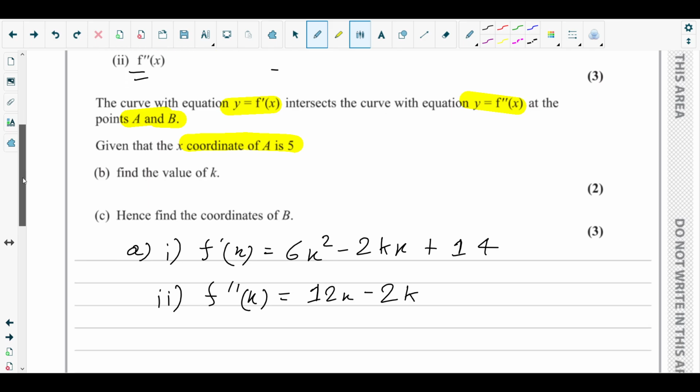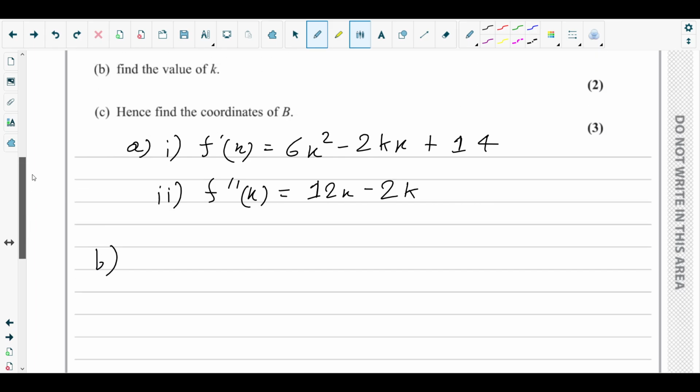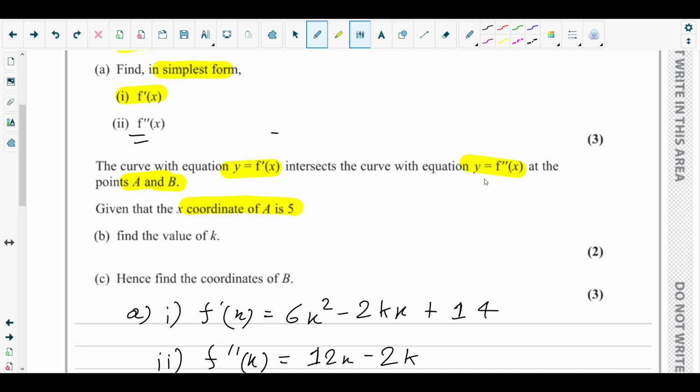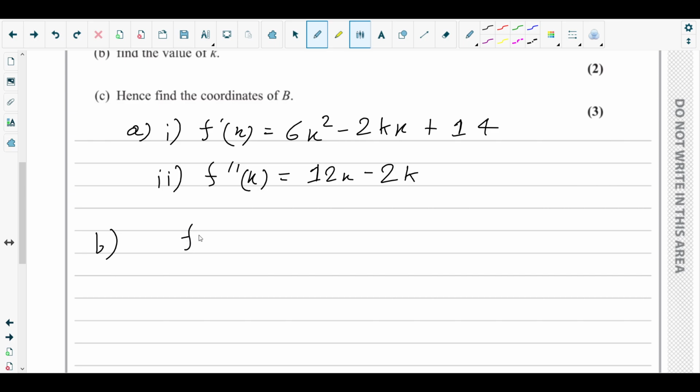At the points of intersection, since f dash x is intersecting the curve with equation f double dash x, their y values would be equal at the point of intersection, right? So we can equate f dash x equals f double dash x.